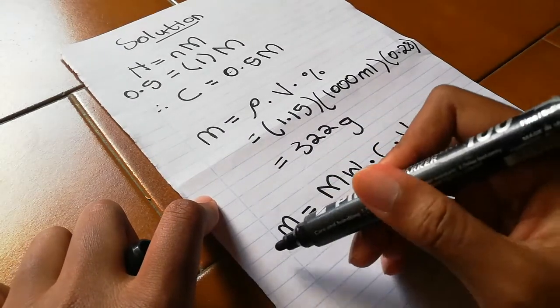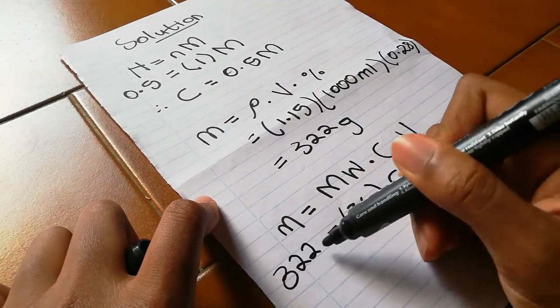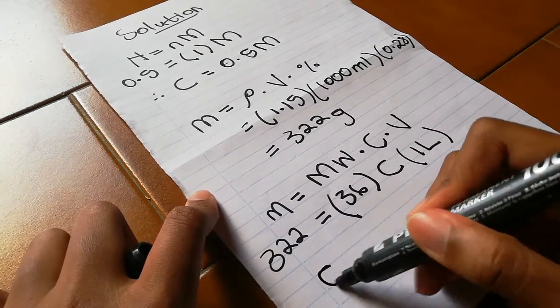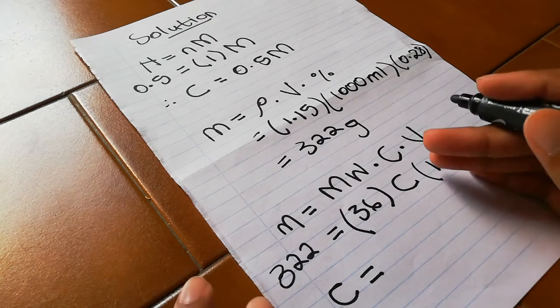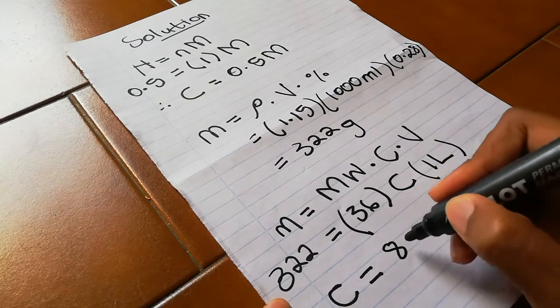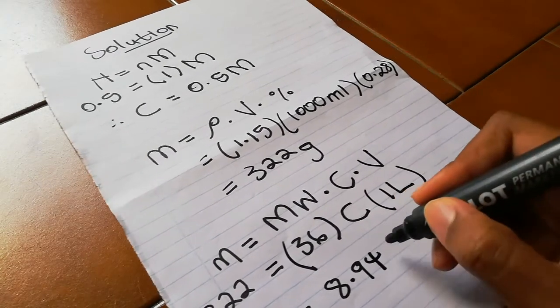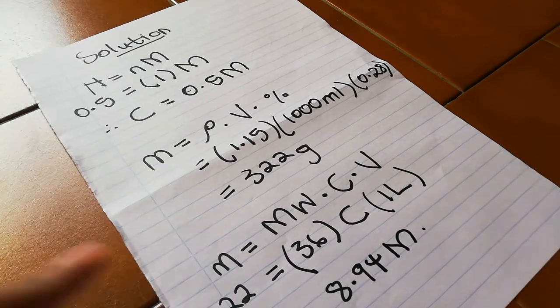And for mass we have 322. So the molarity, plugging this into my calculator, is 322 divided by 36 multiplied by 1, which is 8.94. Okay, we now have the molarity.